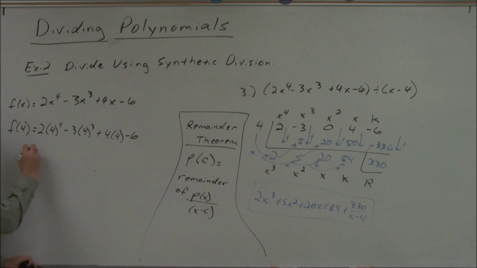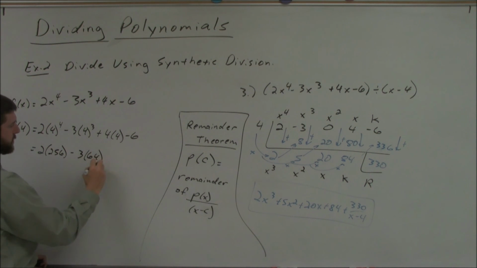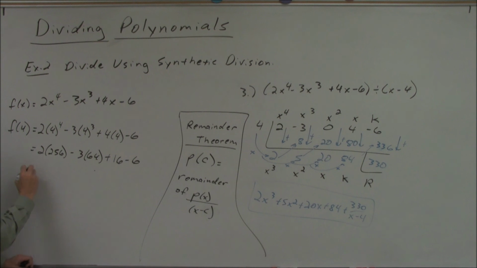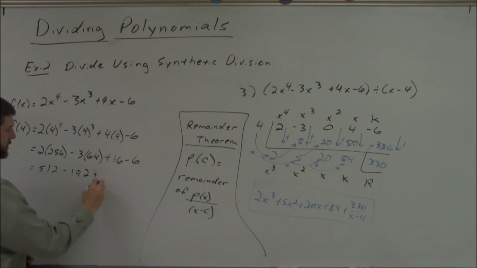as we go through, we just do our arithmetic. 4 to the fourth is what? 4 squared is 16, 16 squared is 256. Minus 3 times 4 cubed, which is 64. 4 times 4 is 16 minus 6. 2 times 256 is 512. 3 times 64 is 192. 16 minus 6 is 10. I'm going to start cleaning that up a little bit.